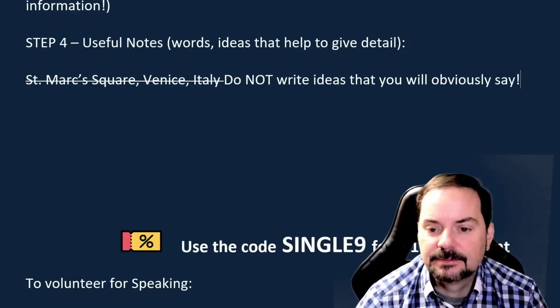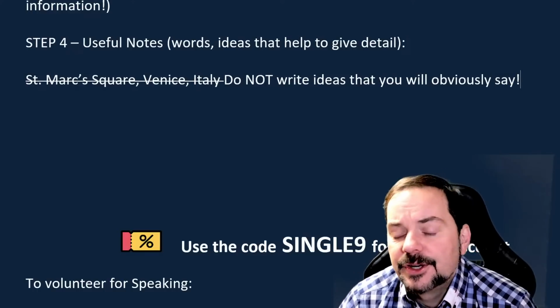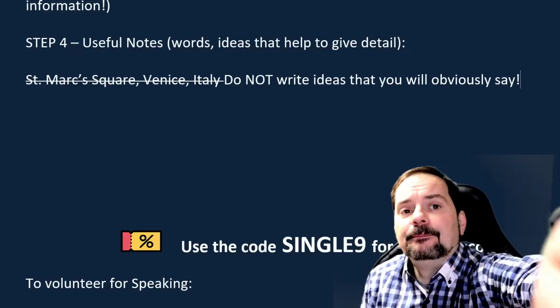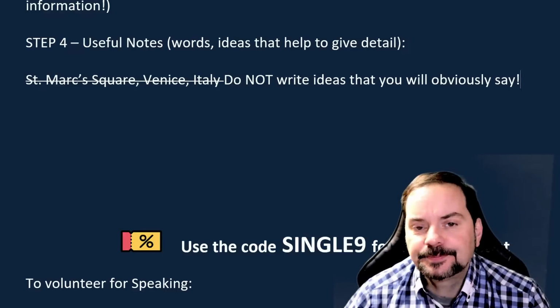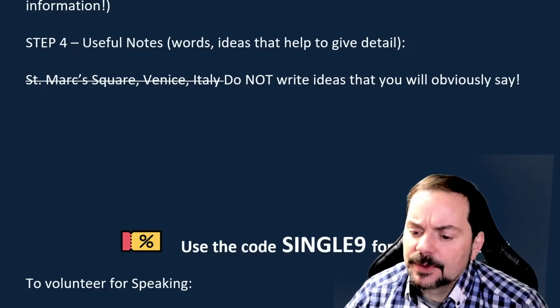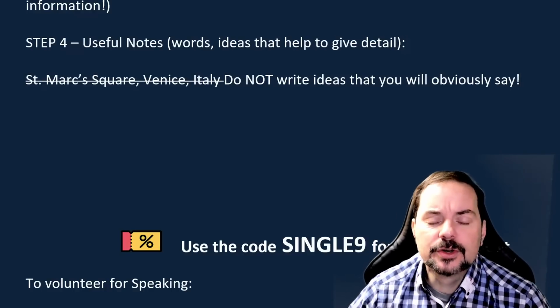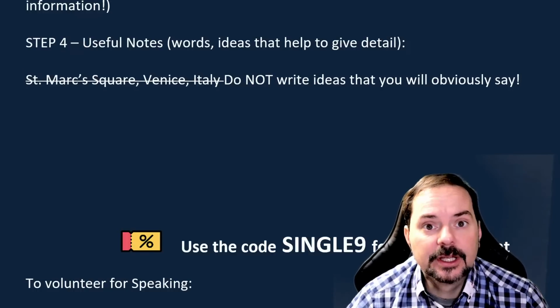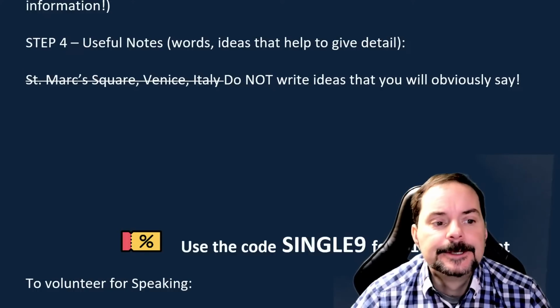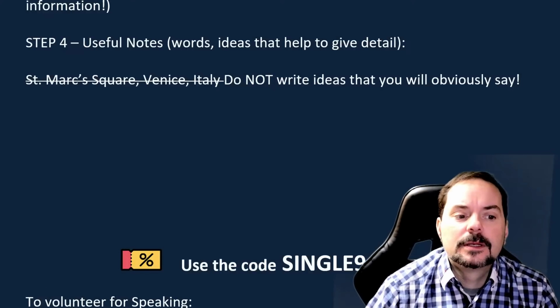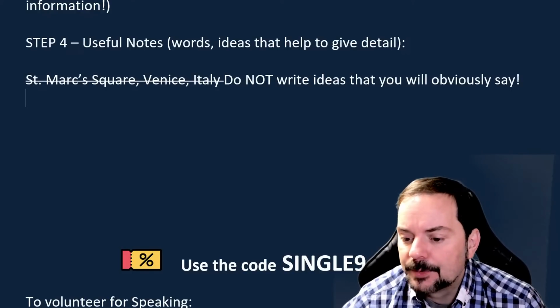That's just silly. There's actually a danger to doing that. Do you know what that is? Anybody? So if I write down words or ideas that are obvious that clearly I don't need my notes for, that's a problem.